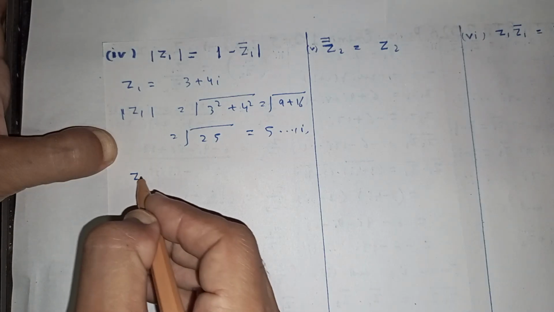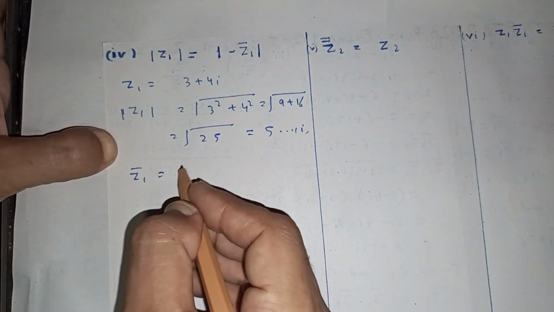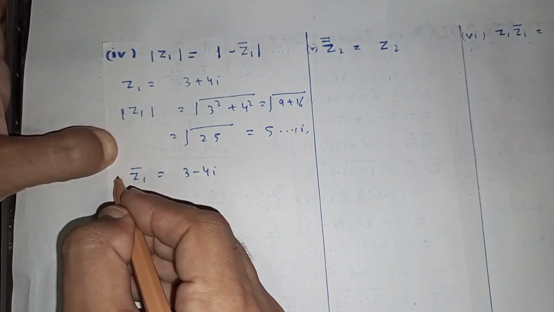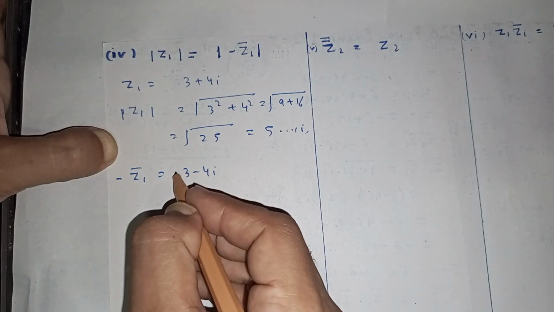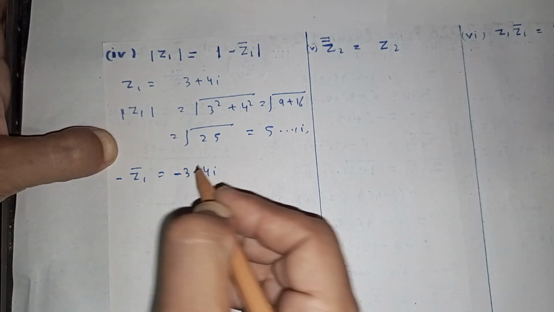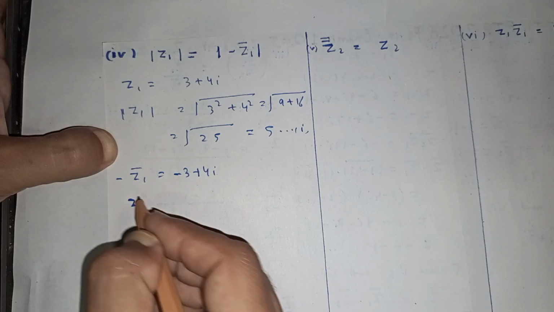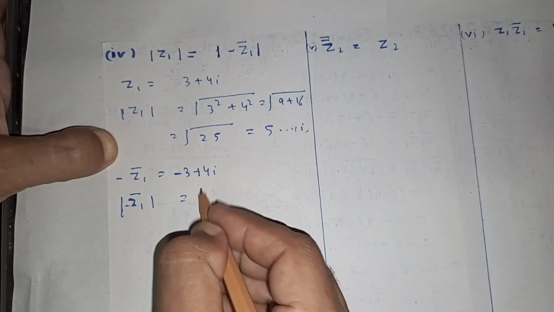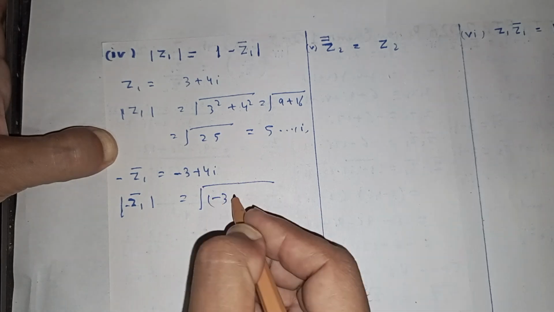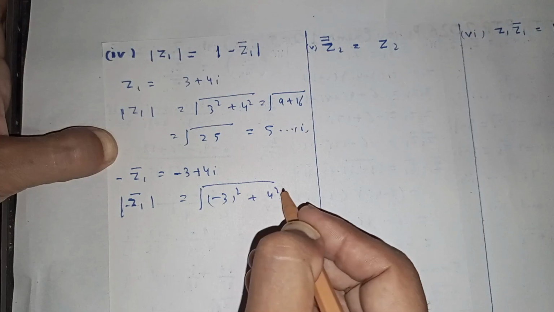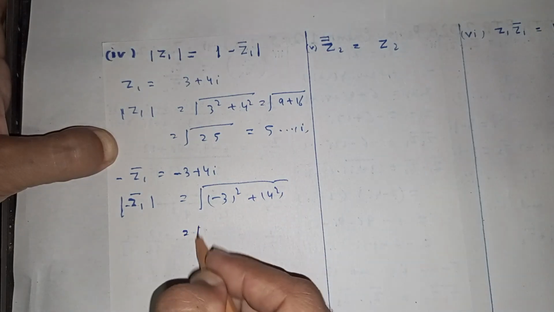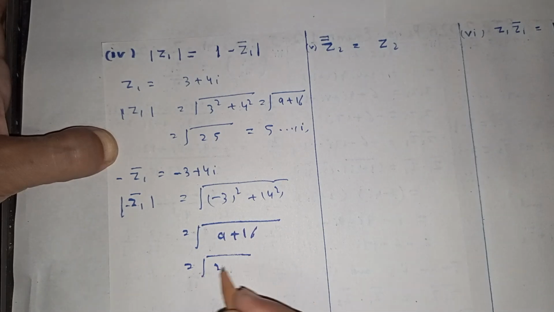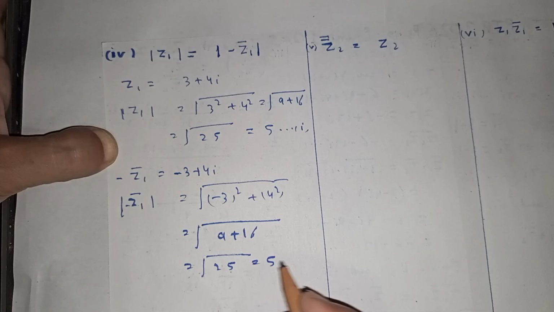Now take Z1 conjugate, which is equal to 3 minus 4 iota. Multiply it with minus, we get minus 3 plus 4 iota, and now take its modulus, which is equal to the square root of minus 3 whole square plus 4 whole square, which will become equal to the square root of 9 plus 16, which is equal to 25, and square root of 25 is 5.